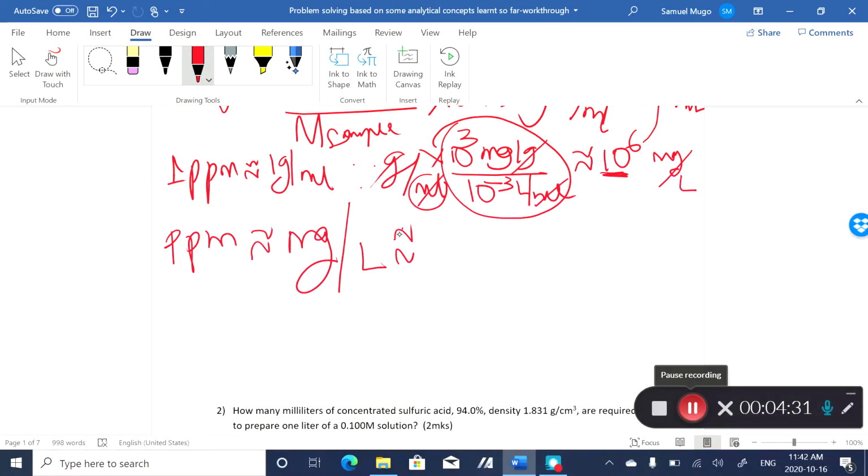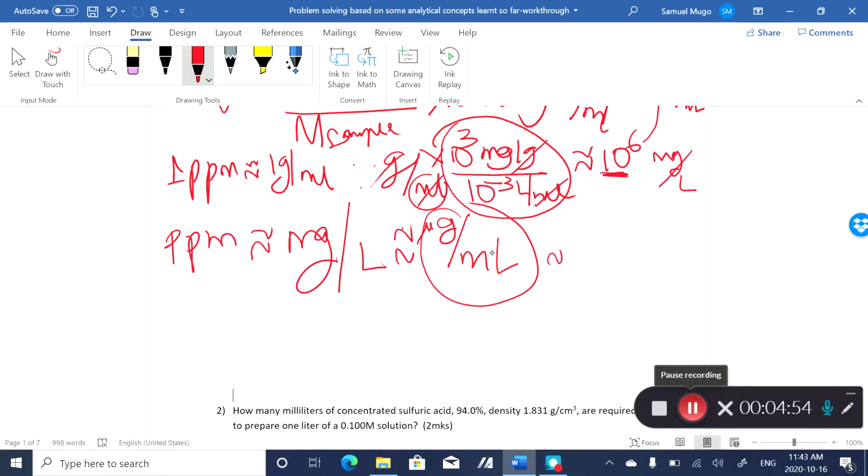So it's going to become microgram per mL. So microgram per mL is exactly the same as milligrams per liter.